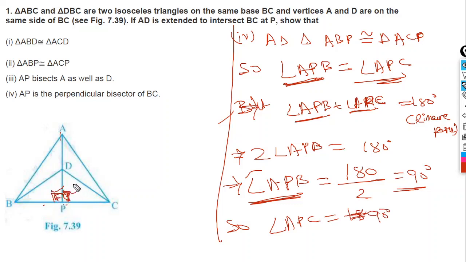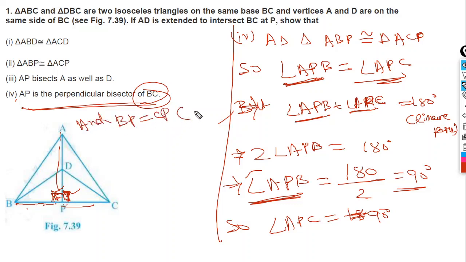Now these two angles are 90 degrees. What do we have to prove? AP is the perpendicular bisector of BC. We have proved these two angles are 90 degrees. Here BP equals CP, because triangle ABP and triangle ACP are congruent. BP equals CP by CPCT, corresponding parts of congruent triangles.